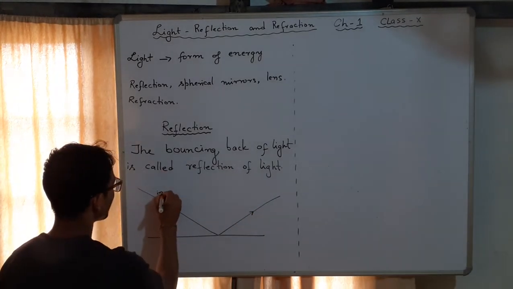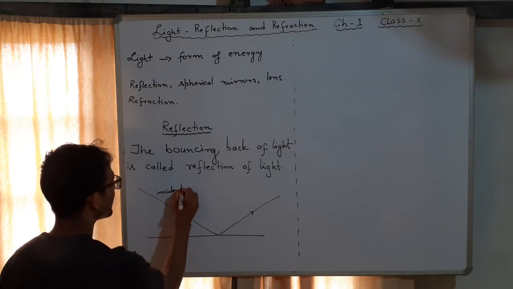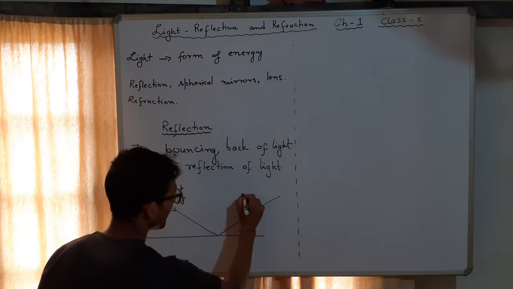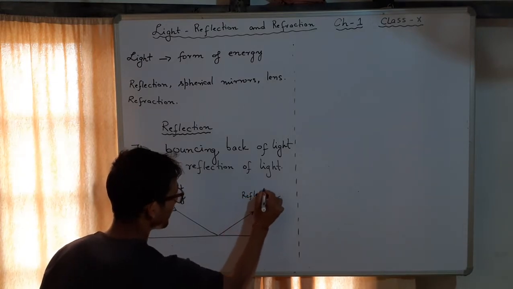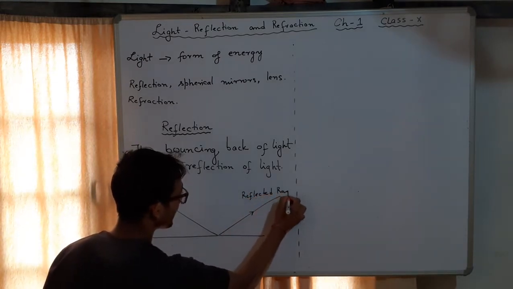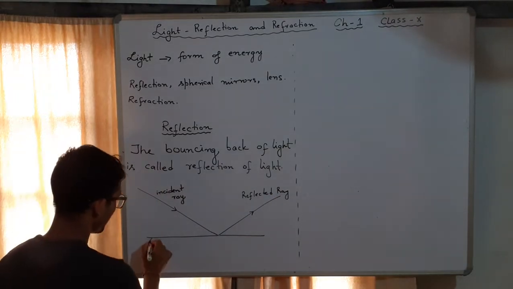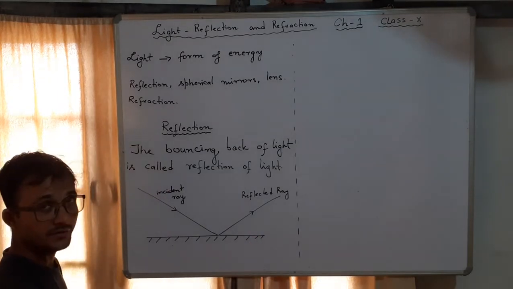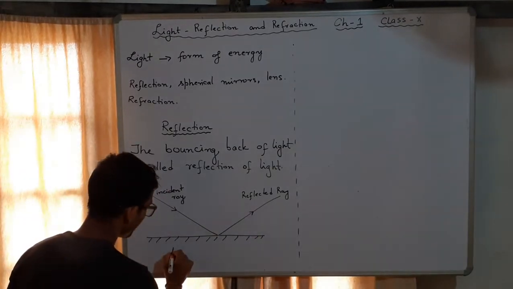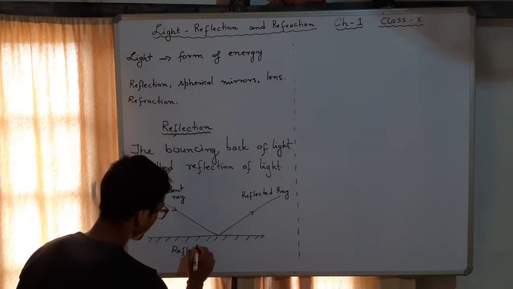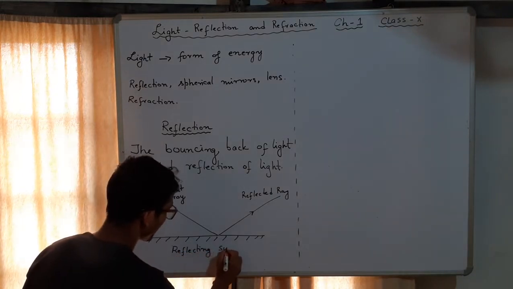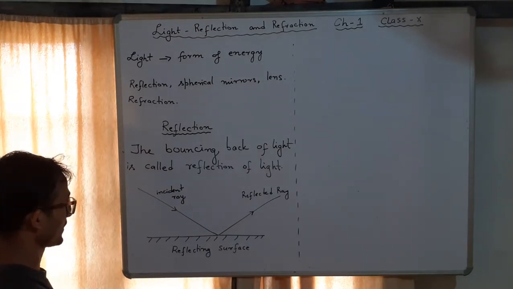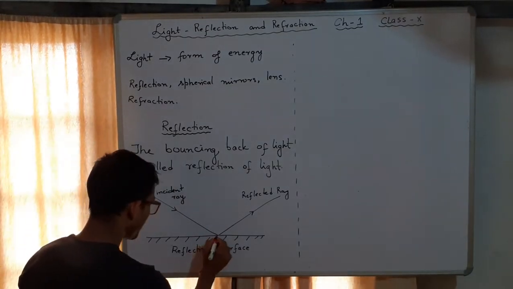This is called the incident ray of light, or simply the incident ray. This is called the reflected ray. This may be a mirror. A mirror is the best reflector, you can say. So this is the reflecting surface.